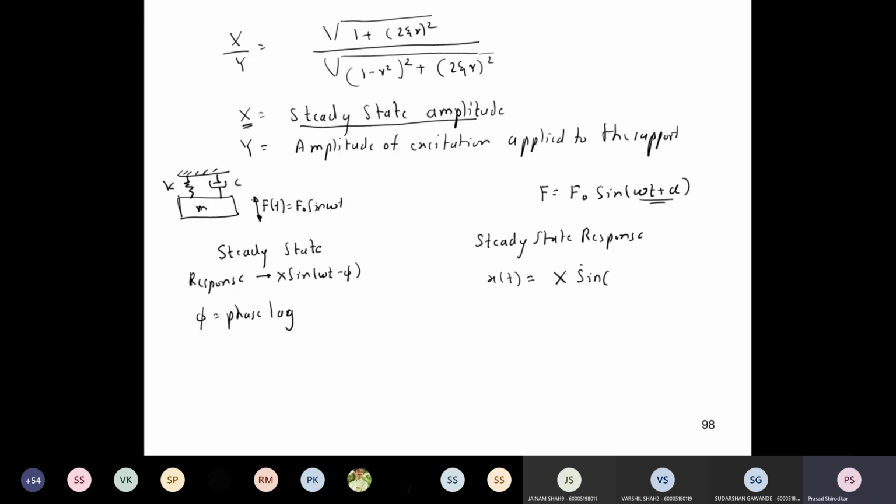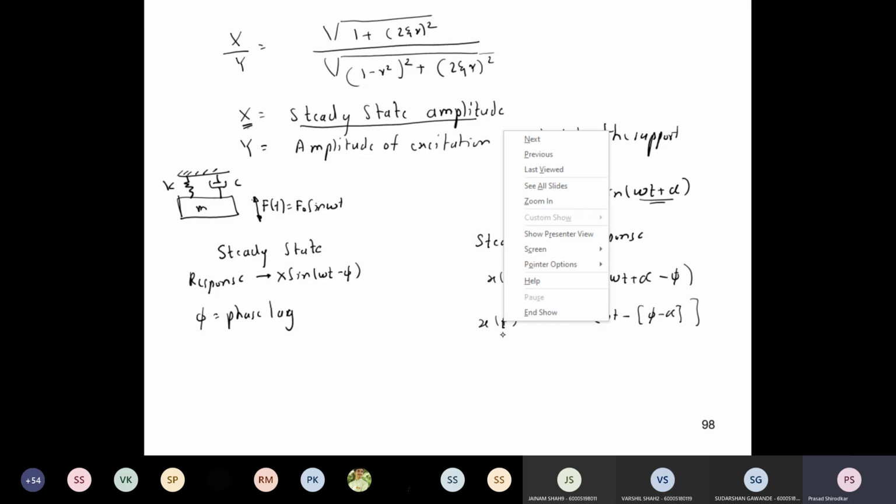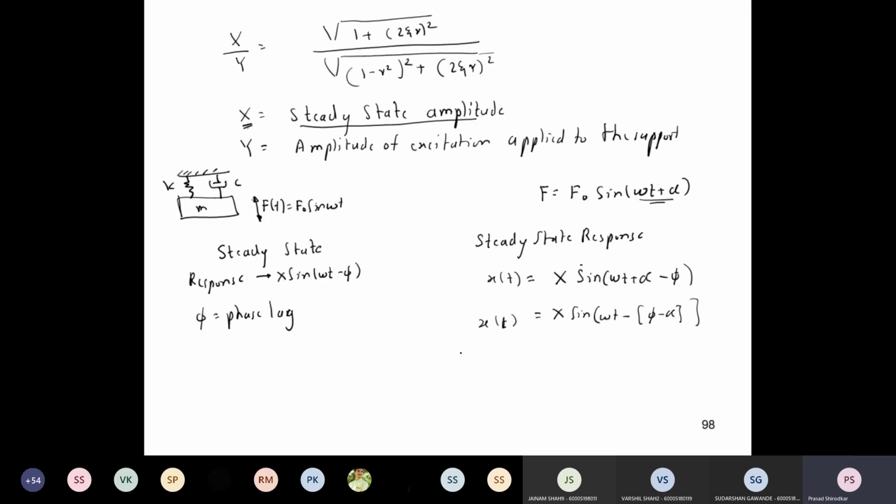Again this term will come: (omega t plus alpha minus phi), where phi will be the phase lag. Or I can write it in the form X sine (omega t minus phi minus alpha). So this is the expression for your steady state response.